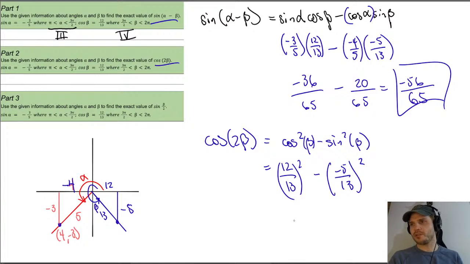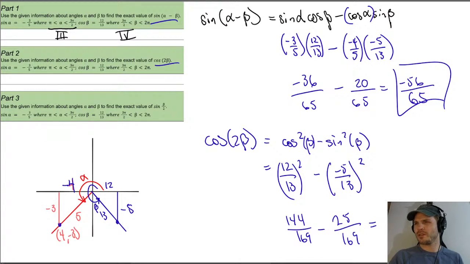This is squared, so it's going to be 144 over 169 minus 25 over 169, since negative 5 squared is 25 and 13 squared is 169. So this is going to be 119 over 169.